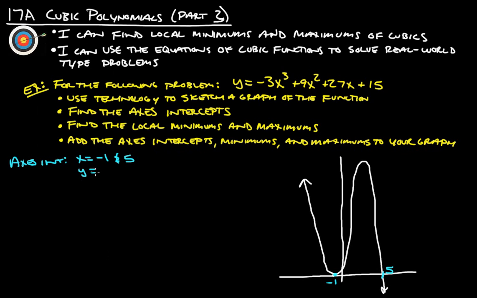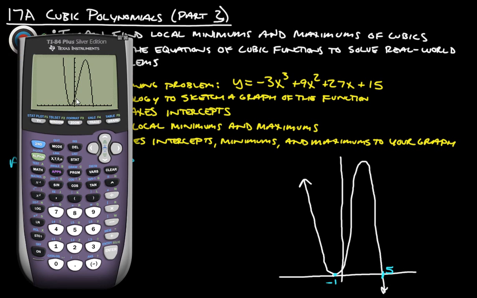The y-intercept is going to be this point right here. By looking at it, we can't tell exactly where it's at, so we could have our calculator do the work.